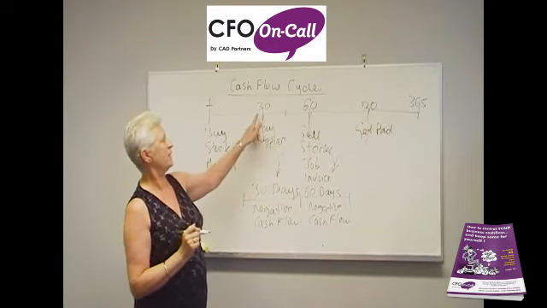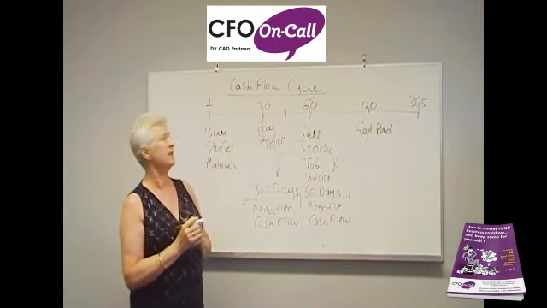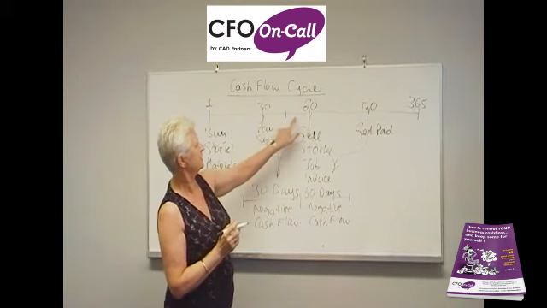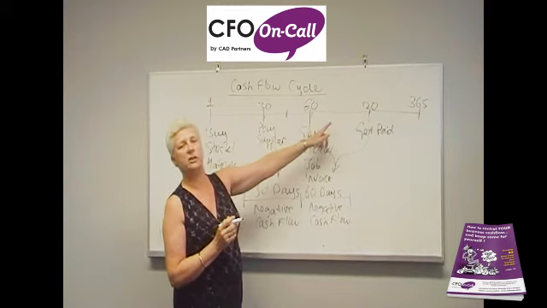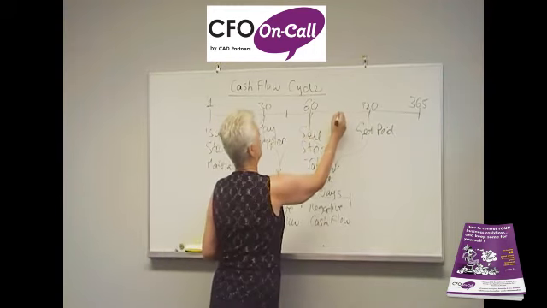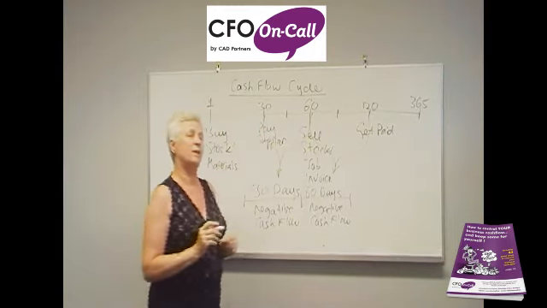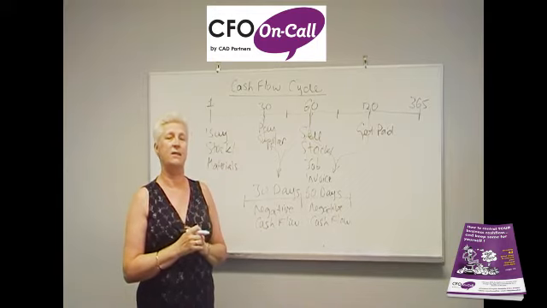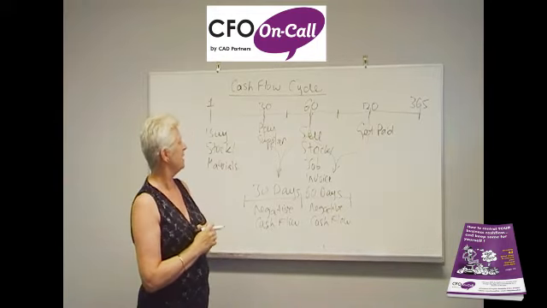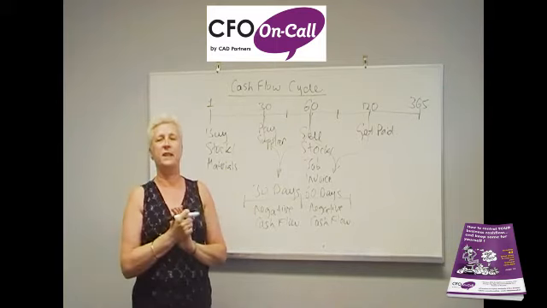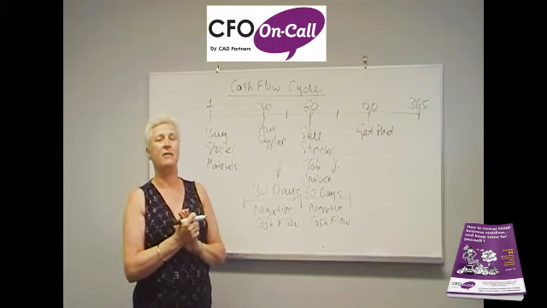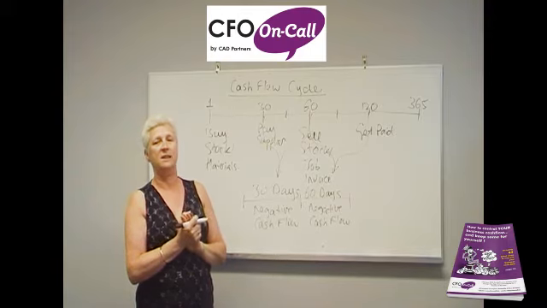So let's say you can try and go from 30 to 45 days, so you're reducing that from 30 days to 15 days. And you can also try and get paid more quickly by your customers, so try and maybe reduce that 60-day period to 30 days. By reducing that number of days, that's obviously reducing the amount of cash that you need to fund the sales.